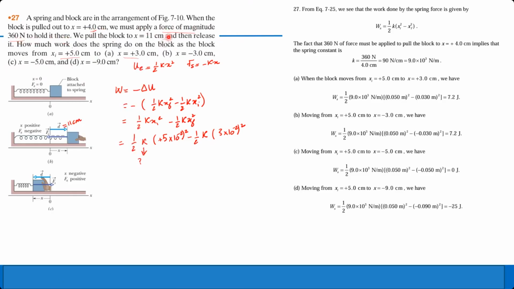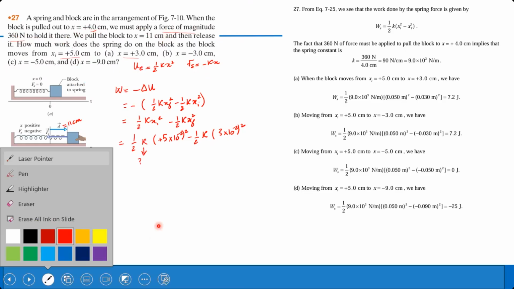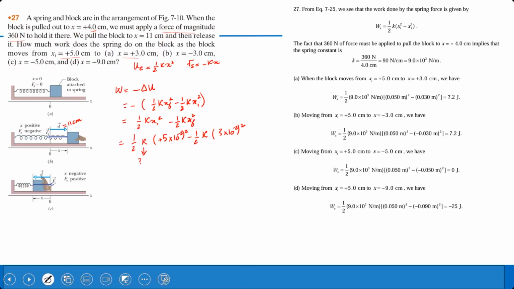So this means that to make an extension by 4 centimeters, we need this force. And we have a formula for the force, which is minus k times x. So I can deduce k from this formula. F equals minus kx. So we're told that when x is 4, F is 360. So we can deduce k.